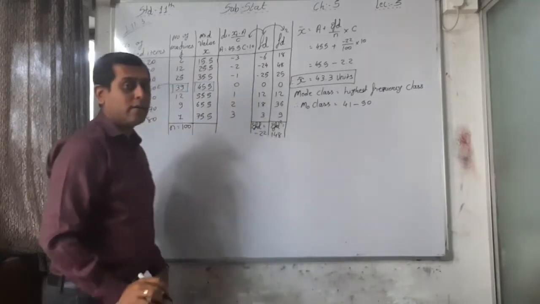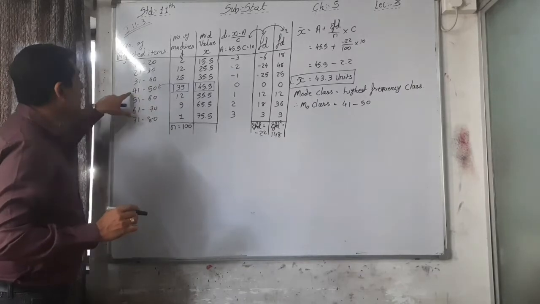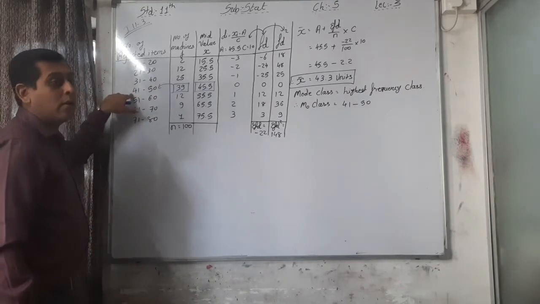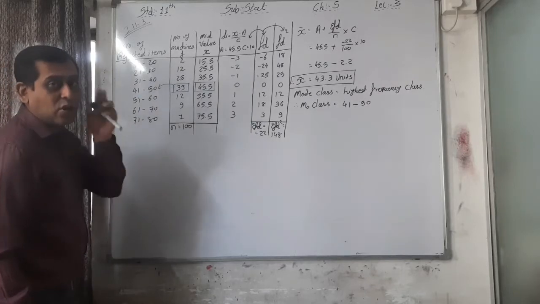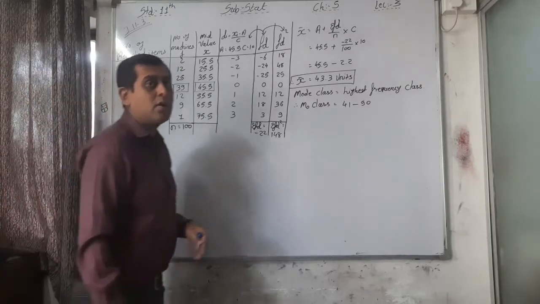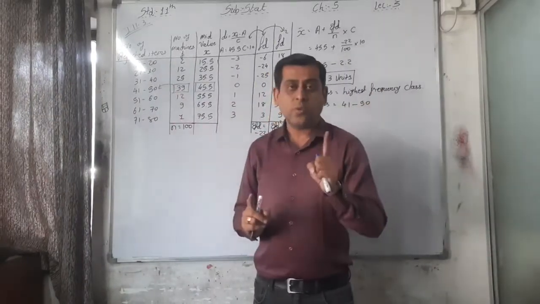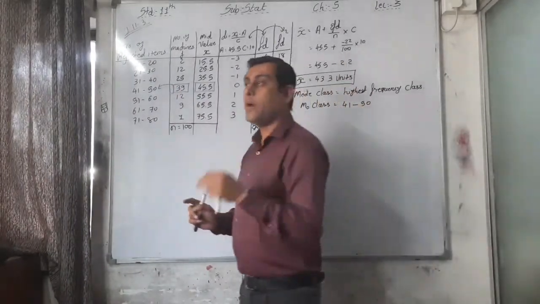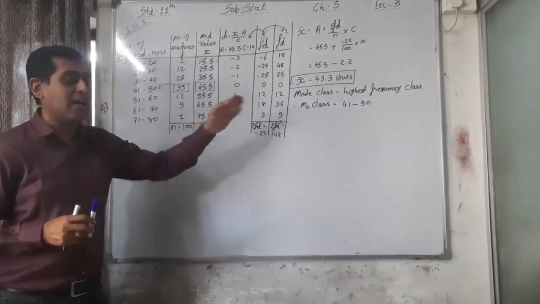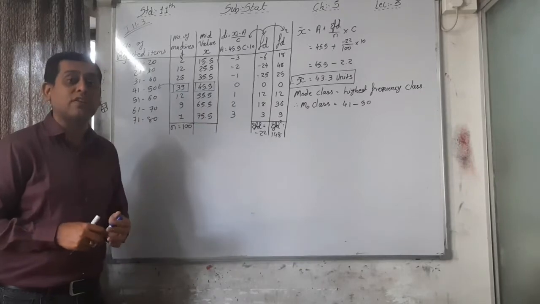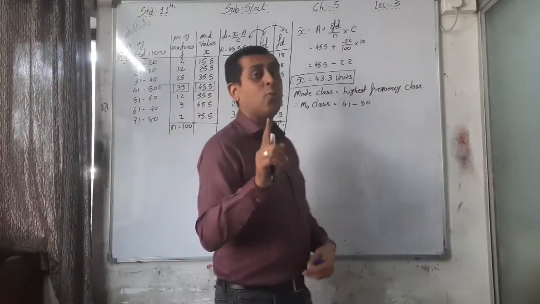Now, see that it's exclusive type of data. That's why here 40 is there, here 41 is there. The upper class boundary of the previous class and the lower class boundary are not the same. So here you have to deduct 0.5 because the difference is 1, and 1 divided by 2 is 0.5.